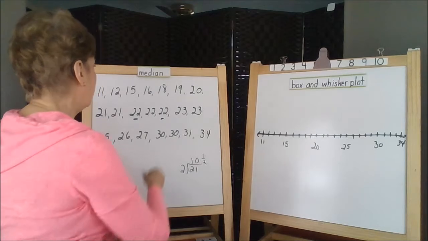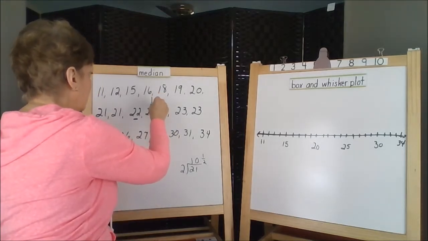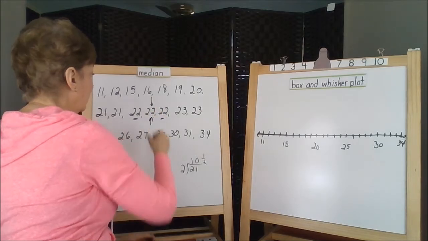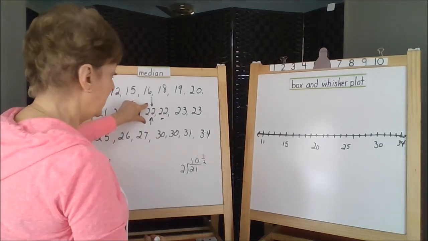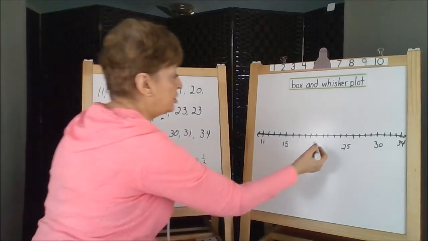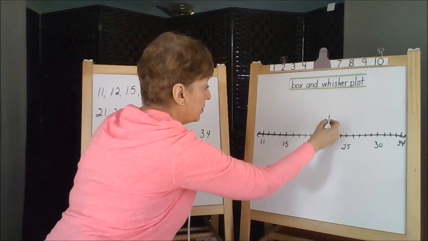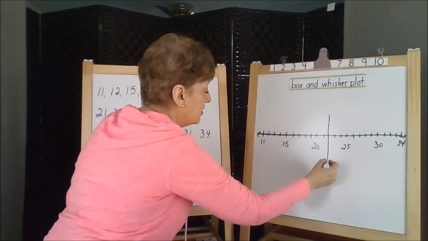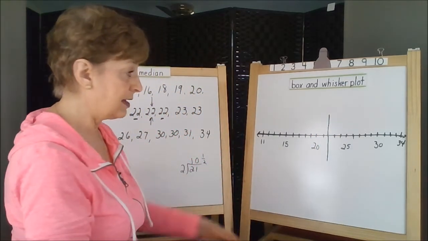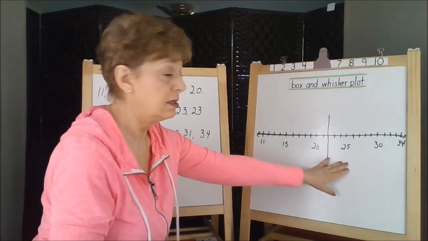That is the middle number right there, the middle of our data set. So we're going to take this number, 22, and show it on our number line. Here's 22. That divides the set of data into the two sections.